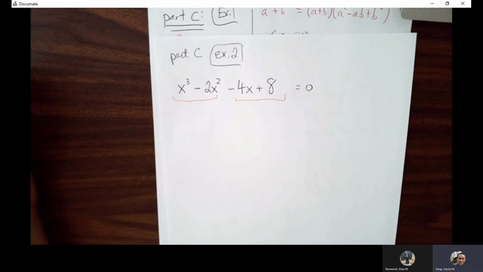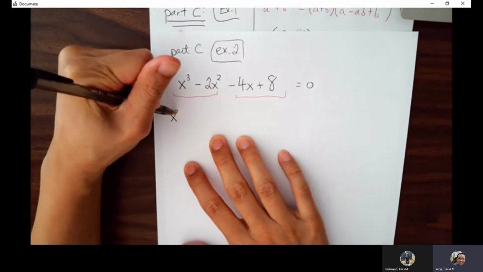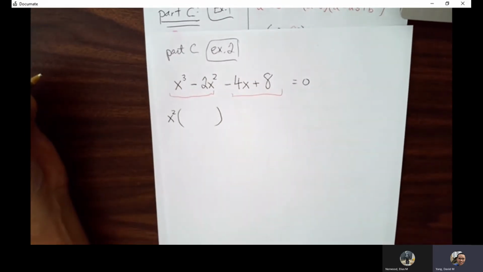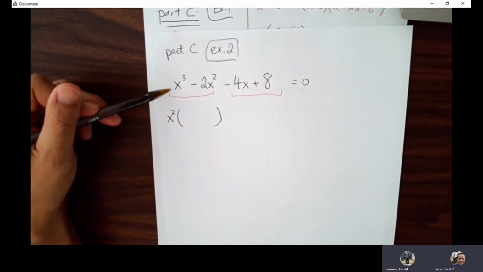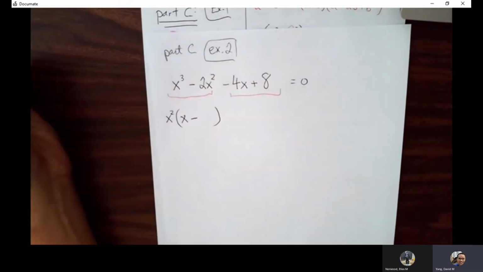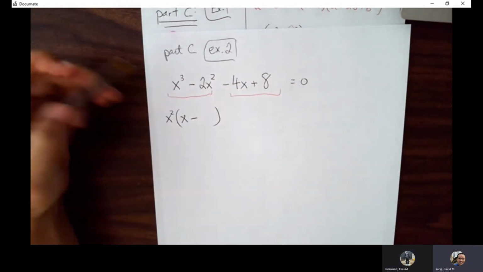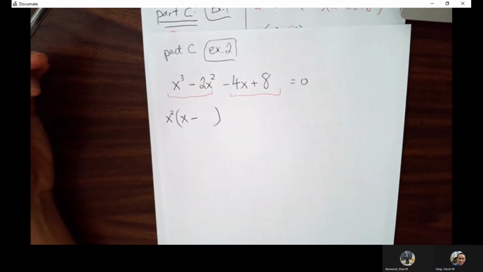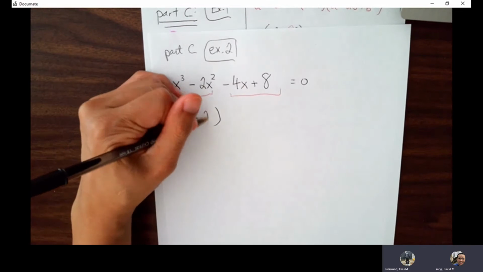What's the most that you can take from both? 2. Yeah, 2, right? So that's the greatest common factor. So it's only 2x. X minus 2x. Well, you already took 2 x's from this guy. So it's just 2? Just 2.